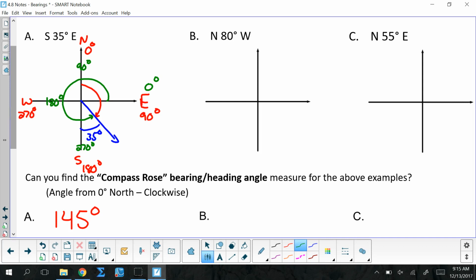Yeah, they're acute. So that angle is right here. And how big is that reference angle? 55?